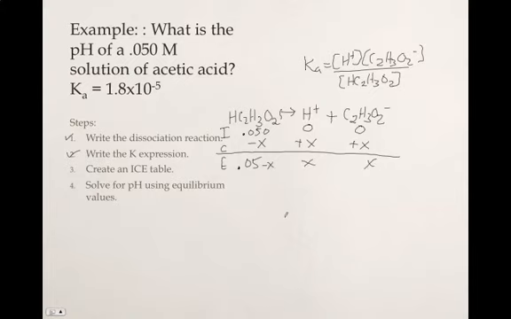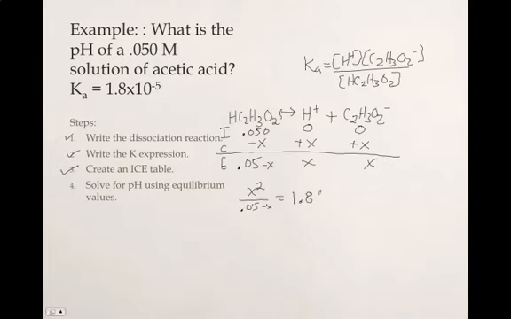Now we're going to solve for pH using equilibrium values. That means we have to solve for our equilibrium values. So the way we do that is we take x squared over 0.05 minus x is equal to our Ka, which is given to us as 1.8 times 10 to the negative fifth.